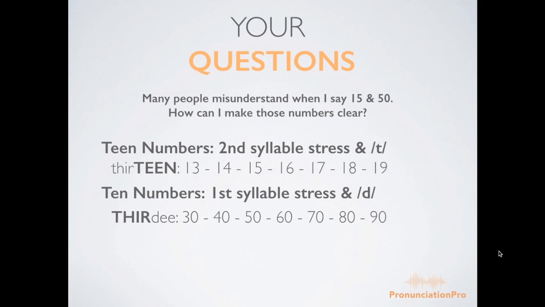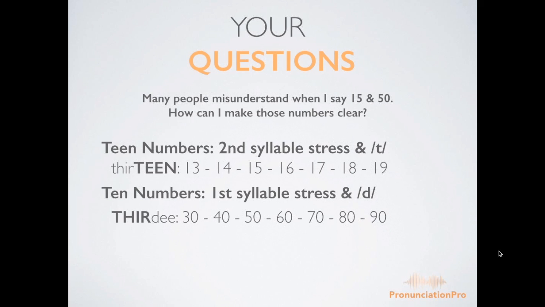They're listening for that rhythm and that sound. Is it a T or a D? If it's a T, it clues me in that it's a teen number. If it's a D, it clues me in that it's a ten number. So these two factors really influence how someone is going to hear that number from you.